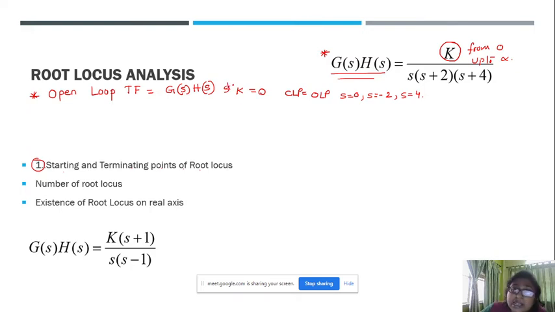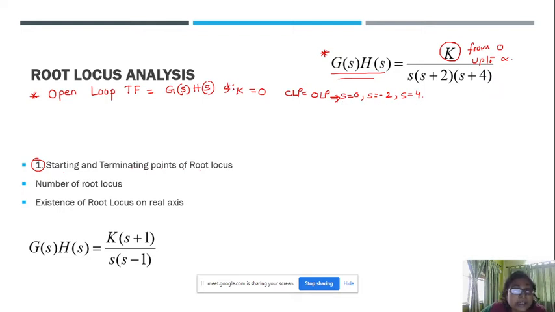So, we can say that root locus will start from open loop poles because at k equal to 0, the value of closed loop pole is equal to open loop pole. That is why we can conclude that the root locus will always start from open loop poles.